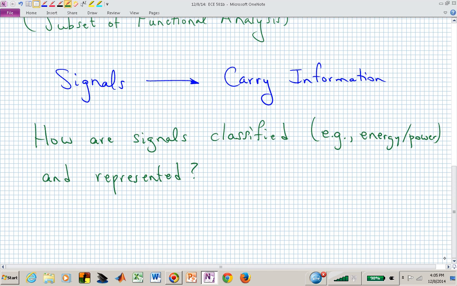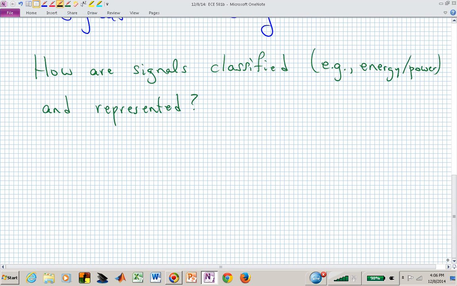In Franks, what he's interested in is trying to look at signals from a signal space viewpoint. Again, we've been talking about a vector space viewpoint up to this point. Now we're trying to see this analogy between signals and vectors.